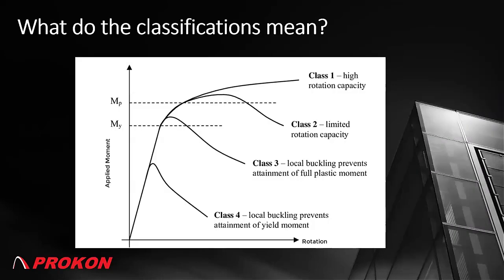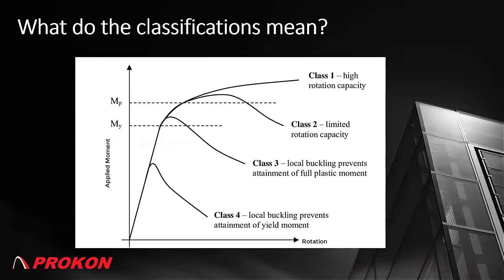So what do these classifications actually mean? For a Class 1 section in bending, the plastic moment can be obtained and the section has a high rotation capacity before local buckling will occur. For a Class 2 section in bending, the plastic moment can be obtained, but limited rotation capacity means that local buckling will occur with excessive rotation.